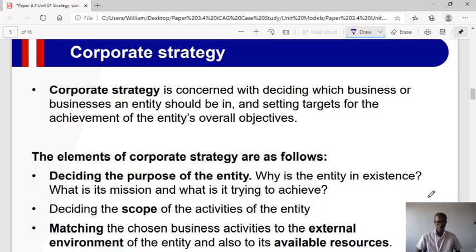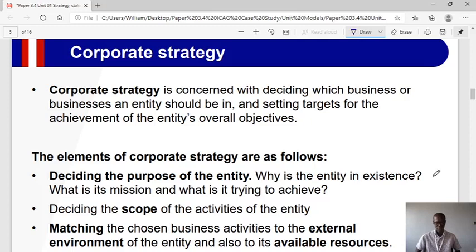So corporate strategy, as mentioned earlier, is concerned with deciding which business or businesses an entity should be in, the overall purpose and scope of the organization. The corporate strategy of Duke William will probably say that the business that I want to be in is professional accounting education.